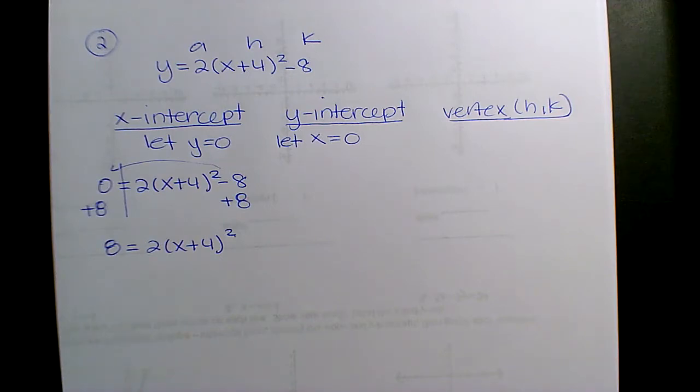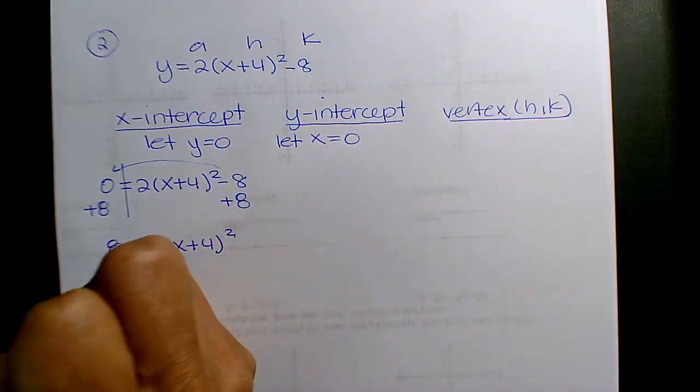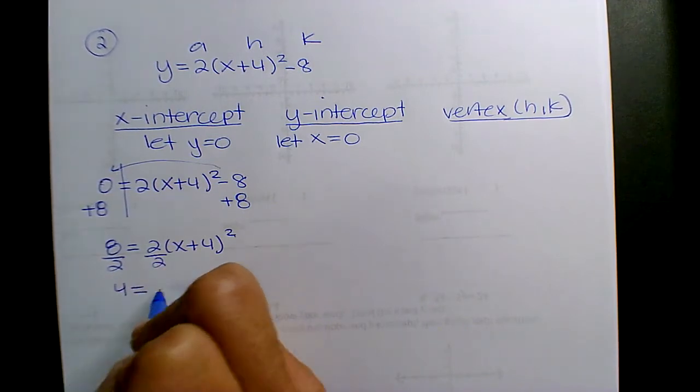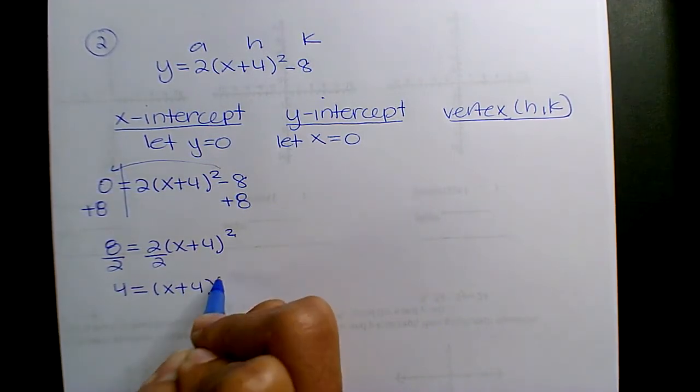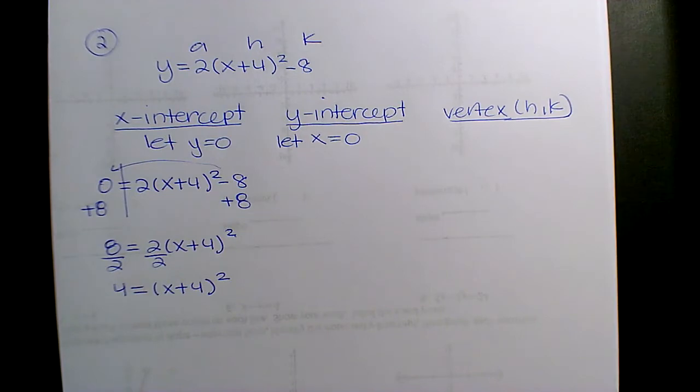So you would just divide by 2: 4 equals x plus 4 quantity squared. And now you can square root.